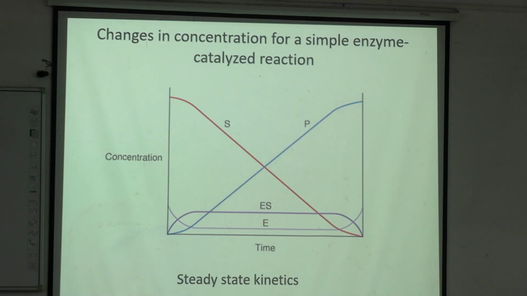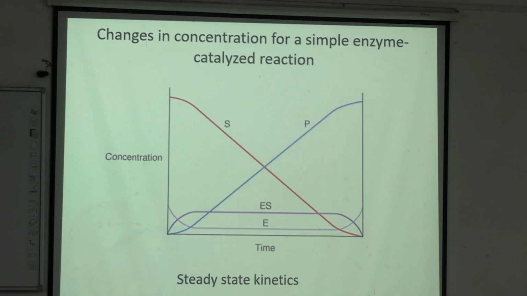Because no reaction in this world is 100% efficient, so it cannot become 0. It will have little higher value than 0. The ES complex again, because of the same reason, cannot reach maximum. It will reach somewhat high value and maintain between these 2 points.